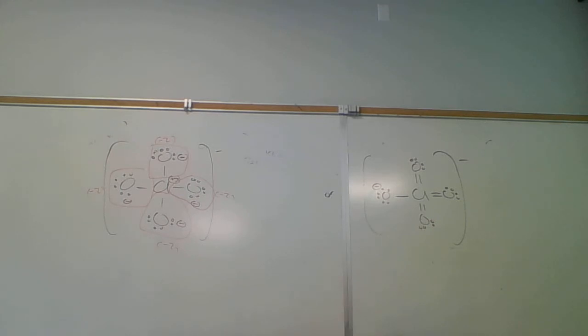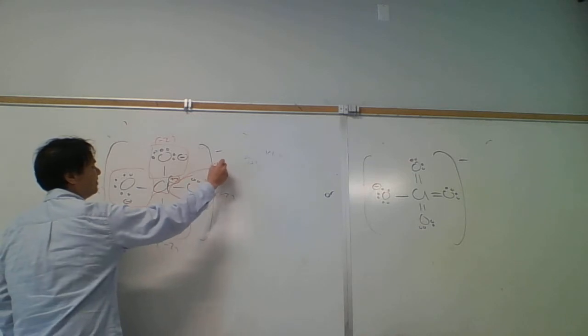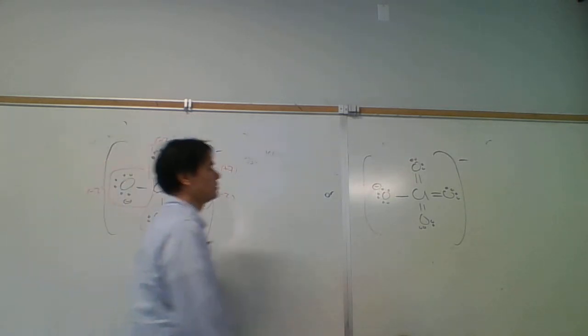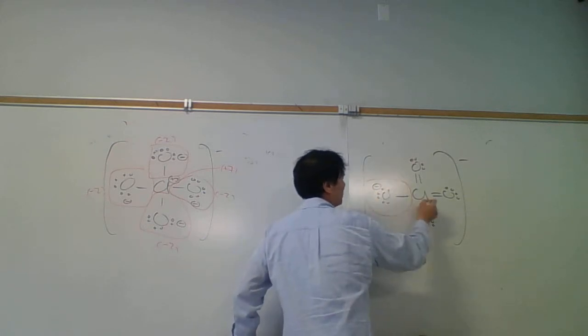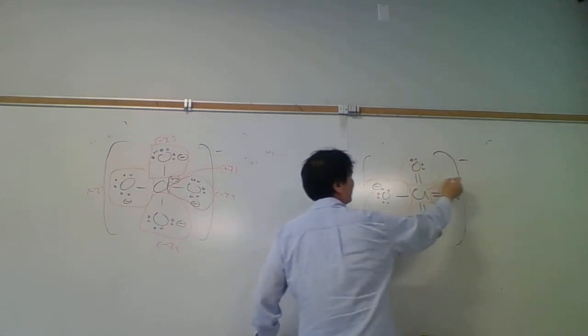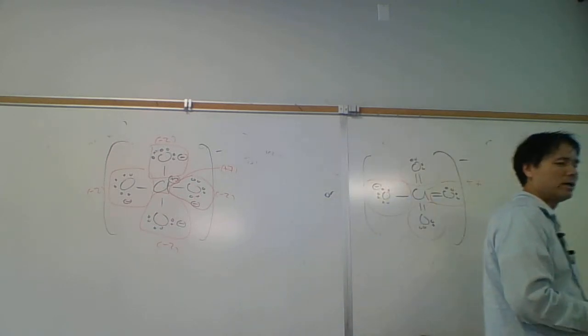So basically it lost all 7 electrons, which means it's +7. So the chlorine here is going to be +7. So that's one way. We could have done it using this structure too. Oxygen wins all the electrons, leaves chlorine with nothing, +7. Or we could have done it the original way.